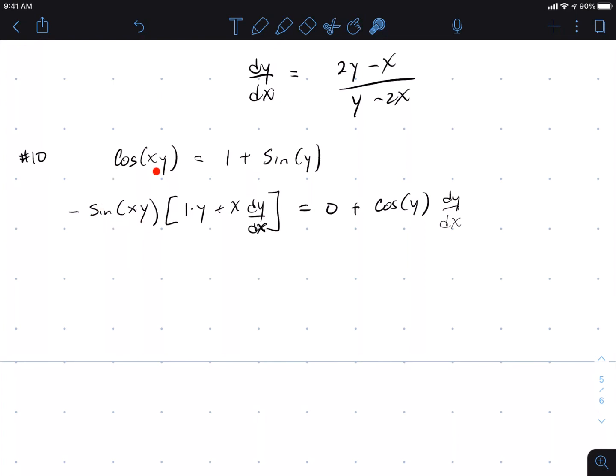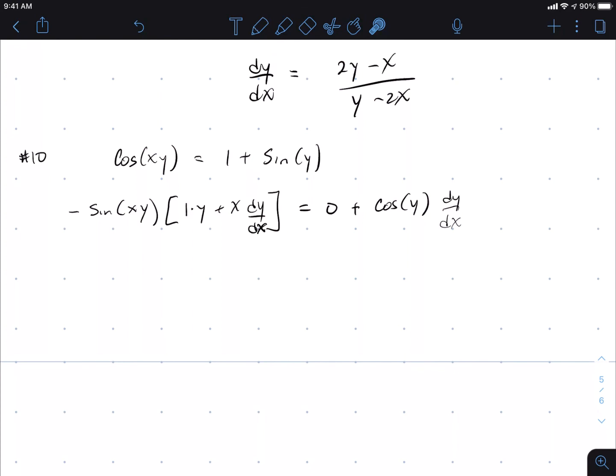This piece, since it's a product, I'm going to take the derivative of the x first. That gives me the 1 times the y. Then plus the first times the derivative of the second, which is the y, and that has to be done implicitly as dy dx, correct? Now once we have that side, we're going to be over here on the other side of the equal. Derivative of a constant is 0. The derivative of sine is cosine, and now we have to take the derivative of the inside piece. Since that's a y, it again will be done implicitly.